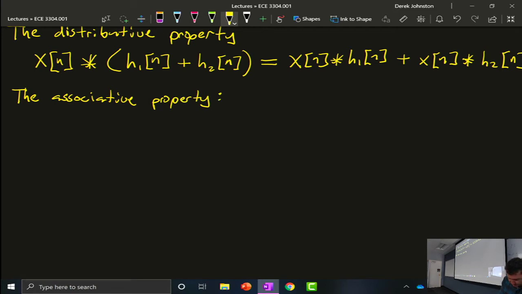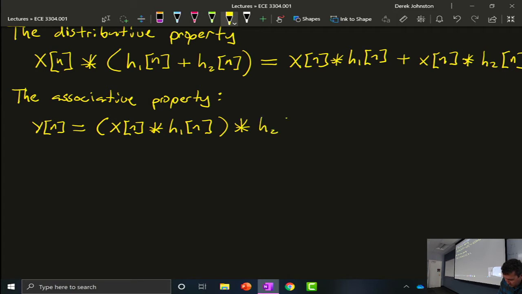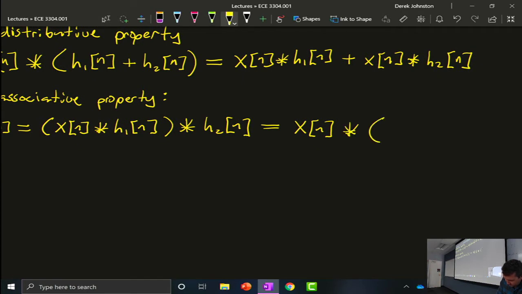This one just says that if the output of our system is equal to x of n convolved with h1 of n convolved with h2 of n, that would be the same thing as taking x of n and convolving it with h1 of n convolved with h2 of n.